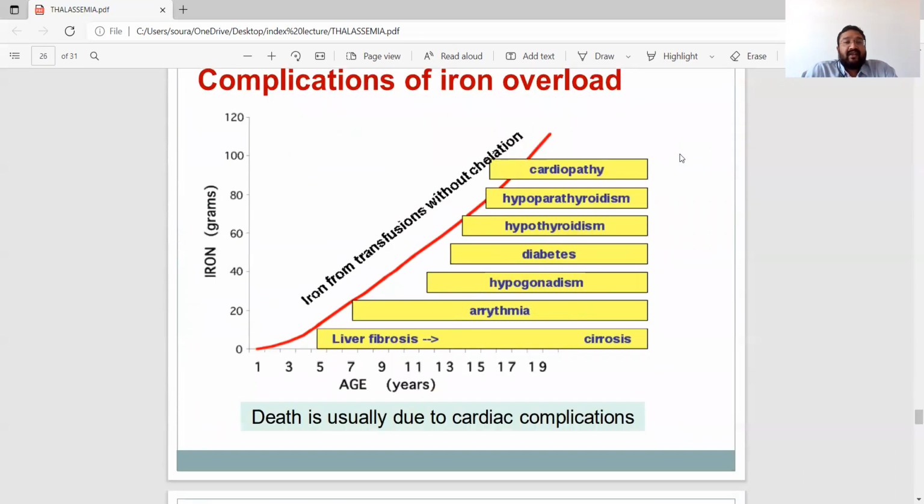This is a slide showing complications of the iron overload. These are liver fibrosis, arrhythmia, hypogonadism, diabetes, hypothyroidism, hypoparathyroidism, and cardiomyopathy. And death is mainly because of the cardiac complications.